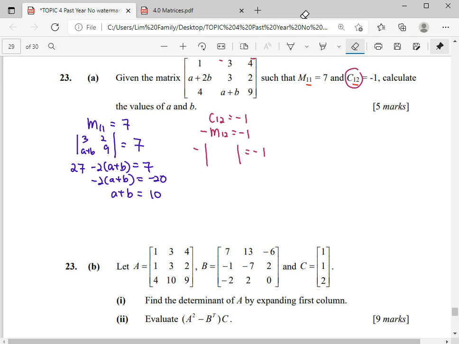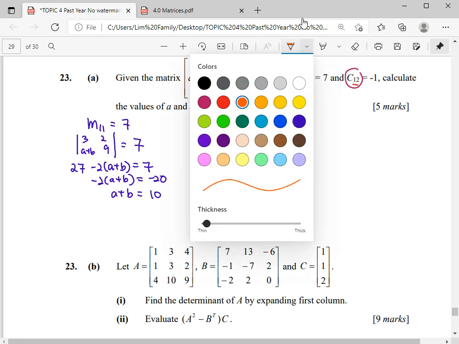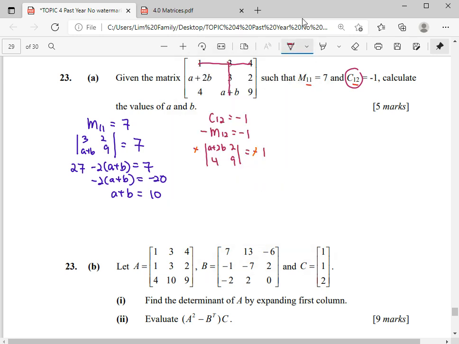So we're going to eliminate row 1 and column 2. We'll get here A plus 2B, then this is 2, this is 4, this is 9. So do our AD minus BC, and at the same time I can simplify the minus, negative negative, so that I can get to my equation.